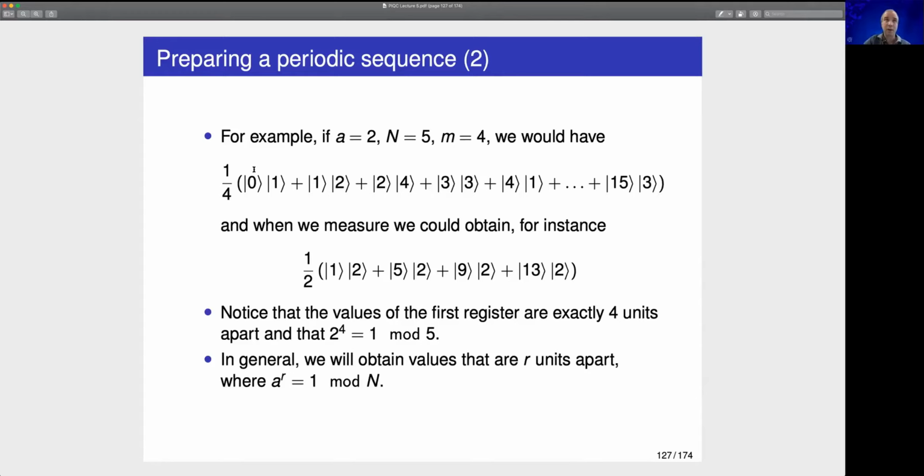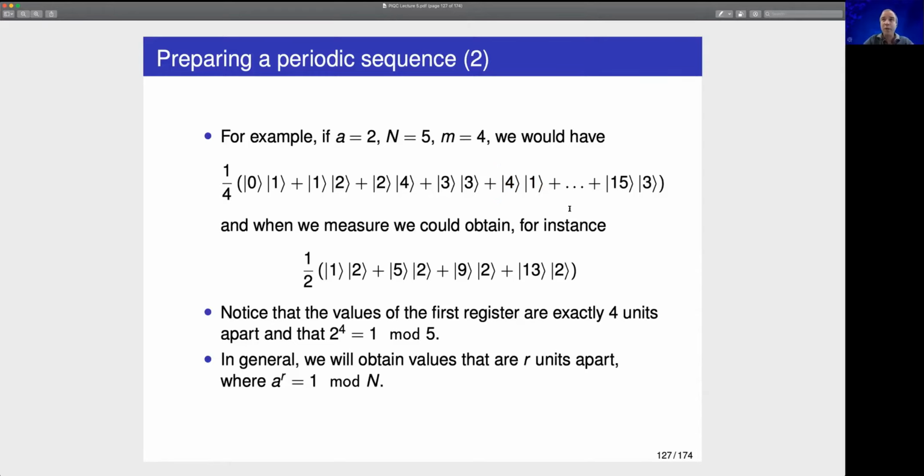So 2 to the power 0 is 1, 2 to the power 1 is 2, 2 to the power 2 is 4, 2 to the power 3 is 8, which mod 5 is 3. And 2 to the power 4 is 16, which mod 5 is 1. So this is the period. In fact, this is the period that we would like to find, but we cannot choose to select this value at will, as we discussed last week.